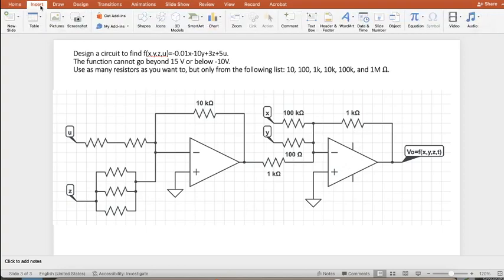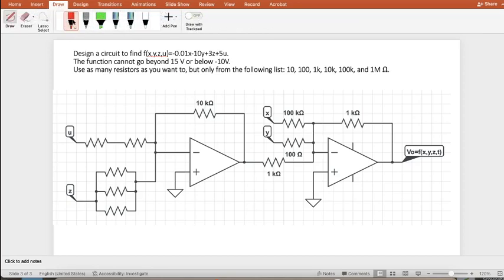Let me insert already the power supply. It's the thing that I always forget, and I think a lot of students forget too. So please remember this on the exam. Just put the power supply. Here's the tip: it's only on your last op amp. The first op amp doesn't have this constraint because I want to evaluate this function as widely as I can.